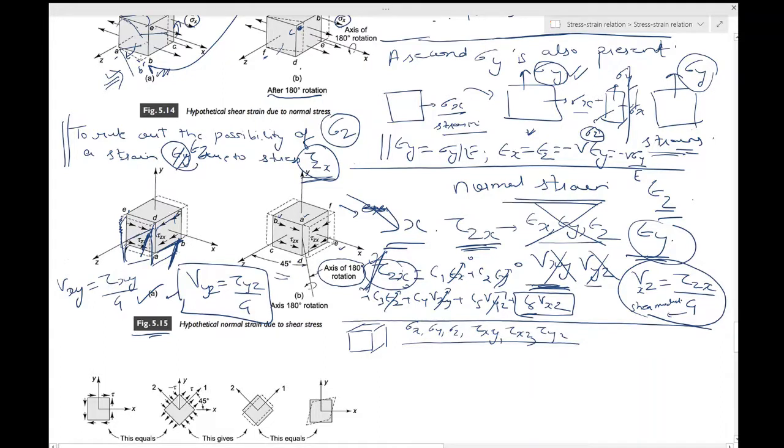Epsilon x, for example, would have been produced by, let's see the first case. The first case was where epsilon x was produced.